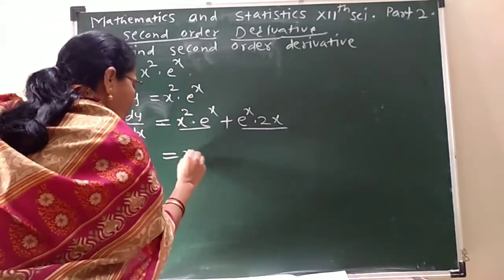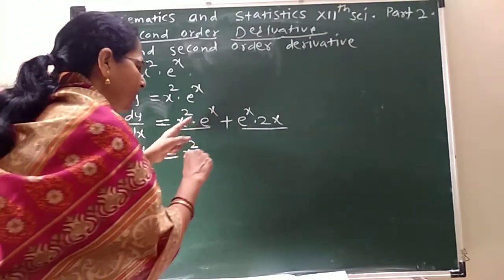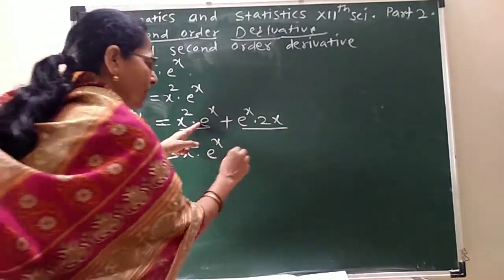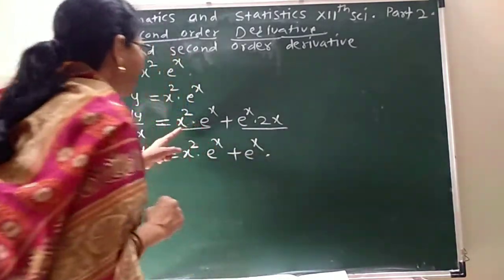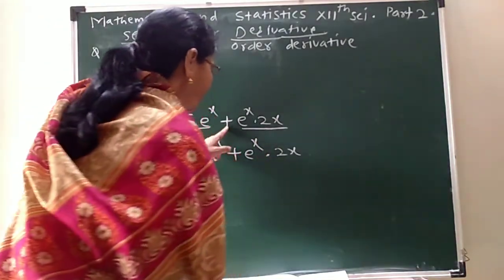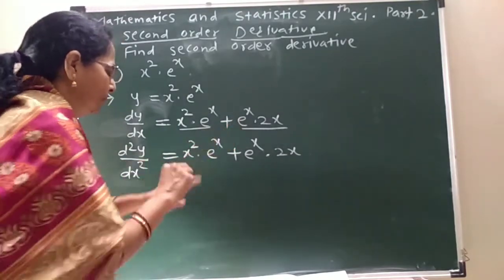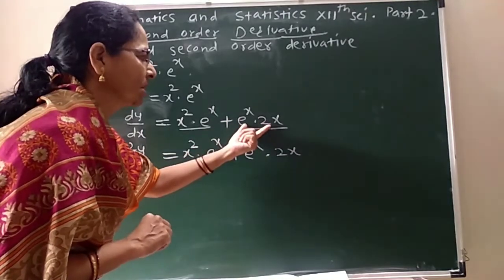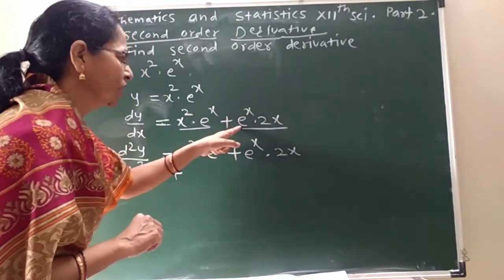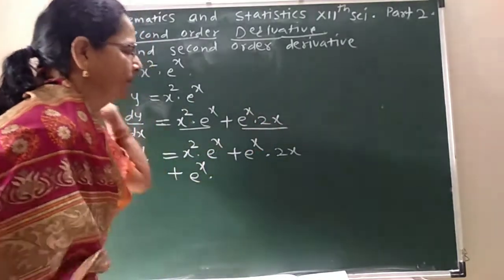u, derivative of v, e raised to x, whose derivative is e raised to x, plus v, e raised to x, derivative of x square is 2x, plus first u. Again here there are two functions in the product form, so u into v rule: u, e raised to x, derivative of v.